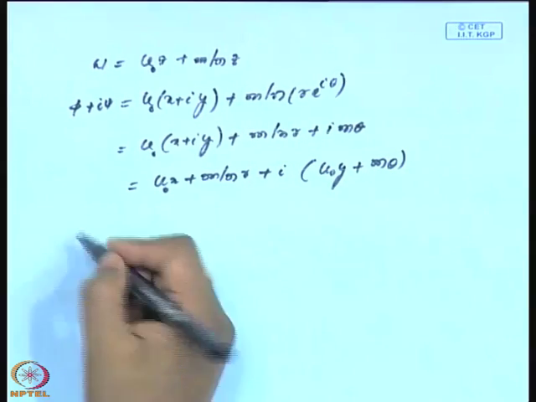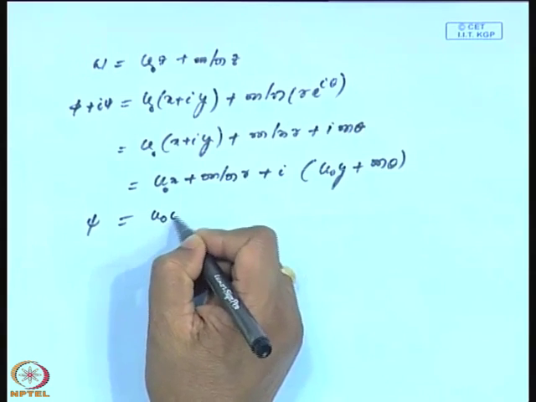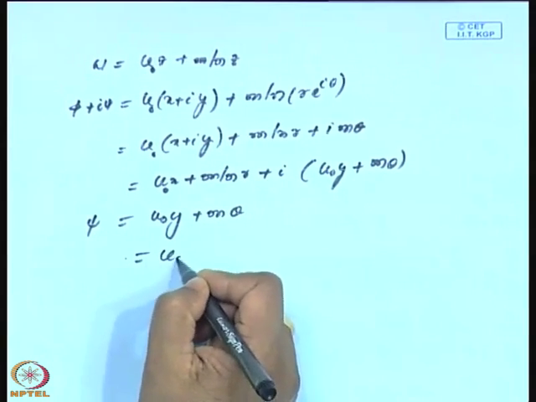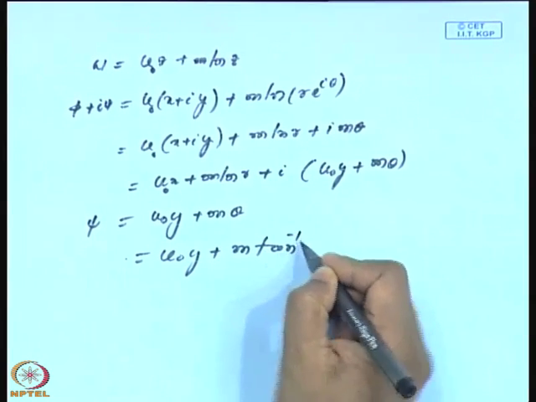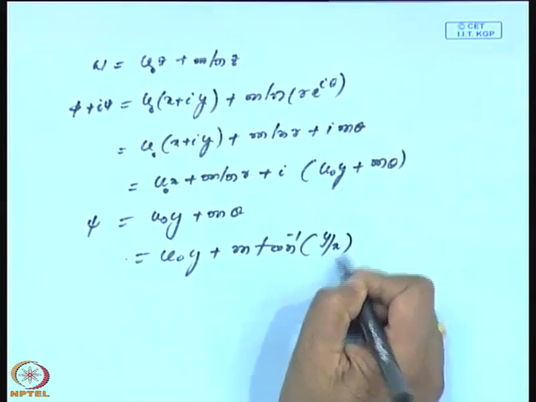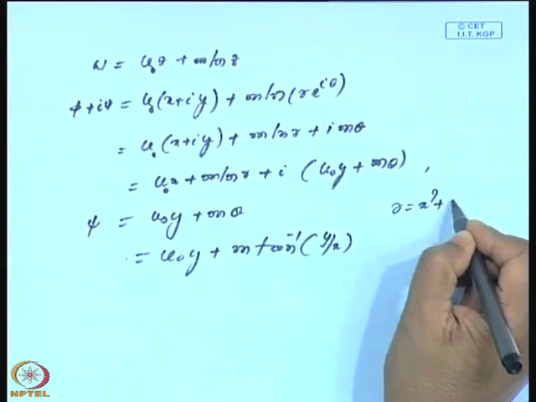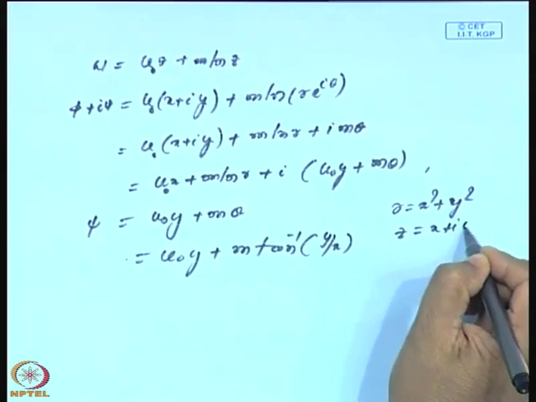So if I look at the streamlines, psi will be u naught y plus m theta, which is the same as u naught y plus m tan inverse y by x, where r is equal to the square root of x square plus y square, or I call z is equal to x plus i y.